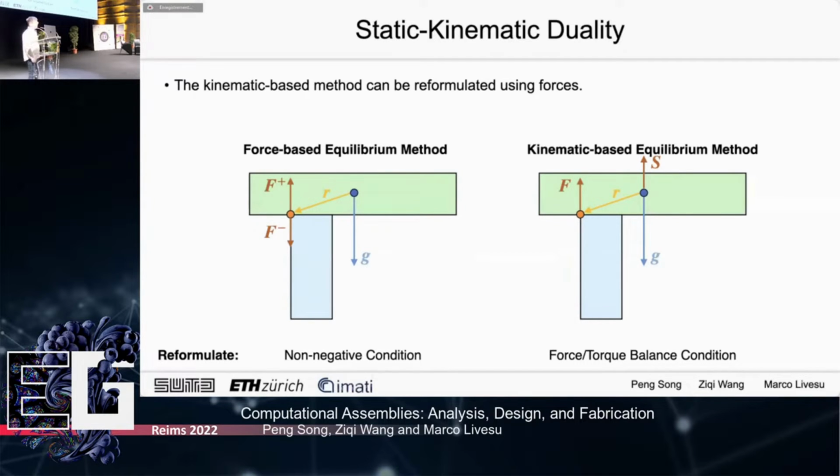The force-space equilibrium method is penalizing the unrealistic compression and unrealistic tension forces acting on every contact interface. So one is for every interface and one is for every part. But they achieve the same goal of making the unstable structure stable by adding unrealistic forces.